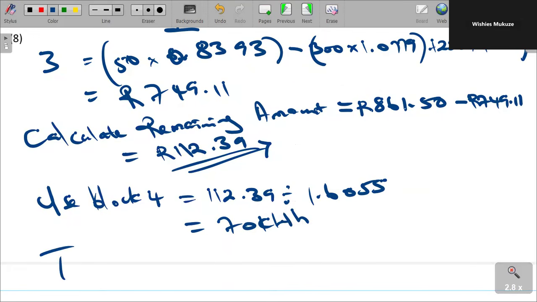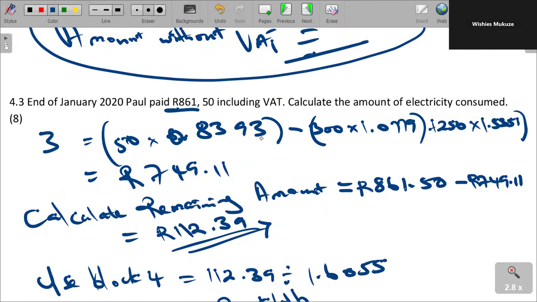And then our total usage. Total usage is equal to the figures that we have added: 50 plus 300 plus 250, plus the 70 that we got here.